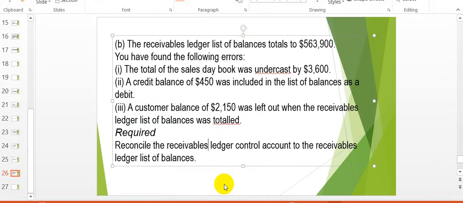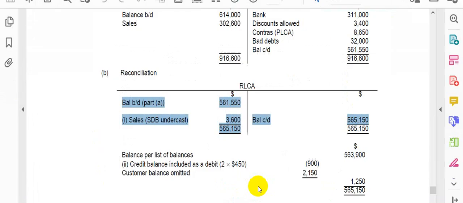So we need first to cancel the debit. We cancel the wrong entry and then pass the correct entry. So meaning the 450 should go in twice. So we need 450 times 2, which is 900. That's the 900 there.